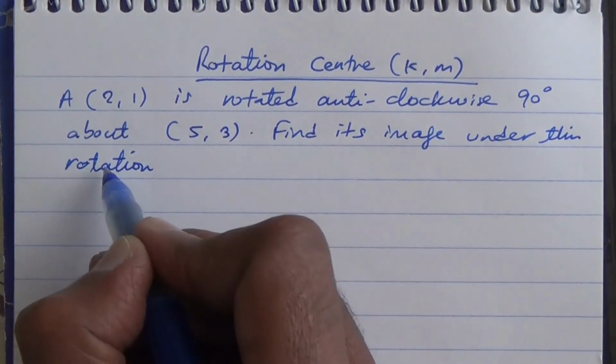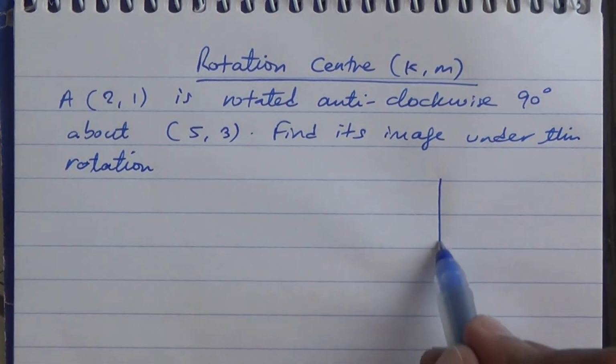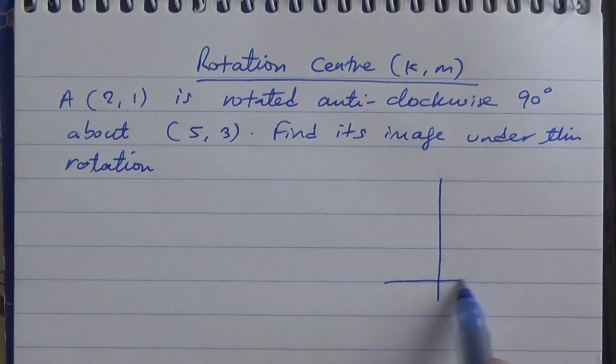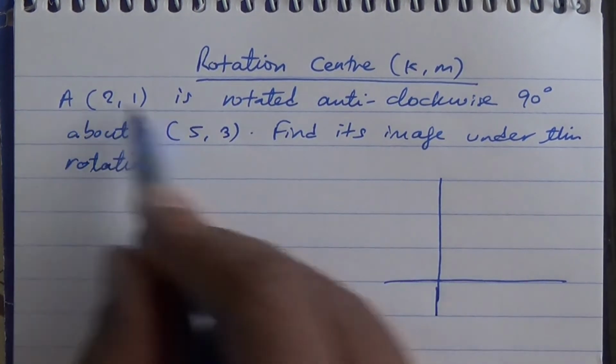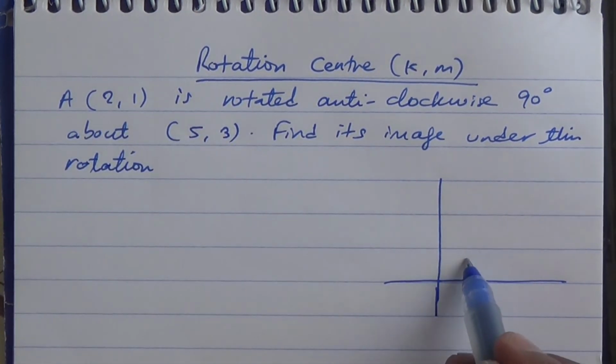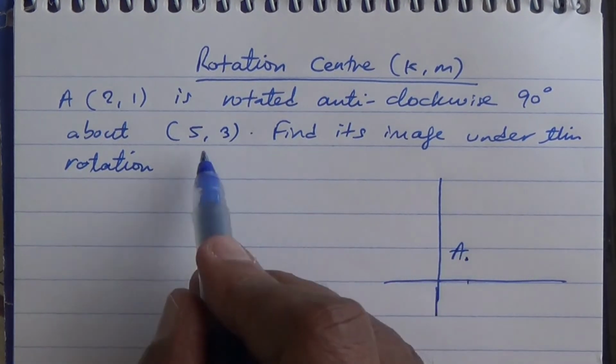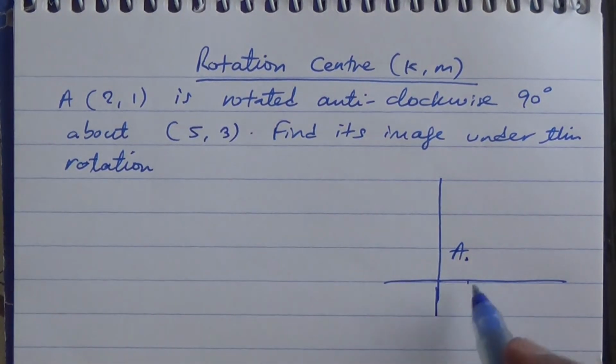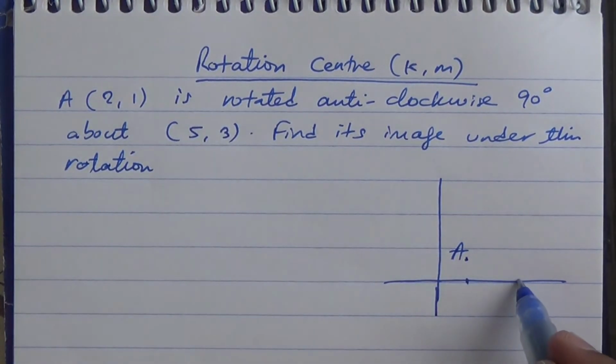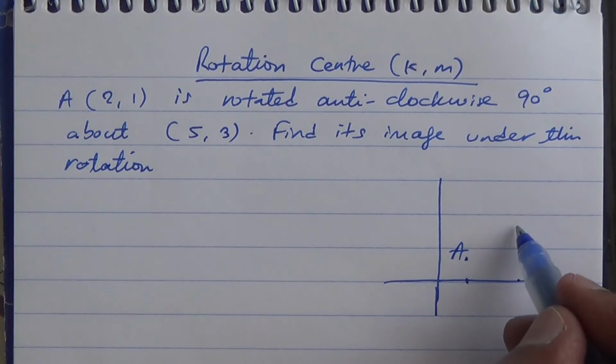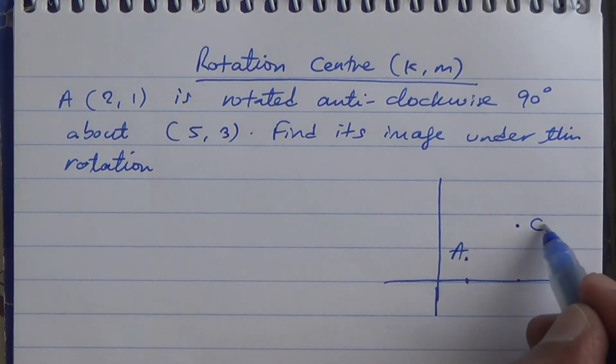So how are we going to do this? Well, we can imagine on a graph how this is going to look. You've got your point 2, 1, somewhere here, and that's the point A. This point will rotate about this center. The center is 5, 3. Let's say 5 is here, and 3 is somewhere there. So this is your center.